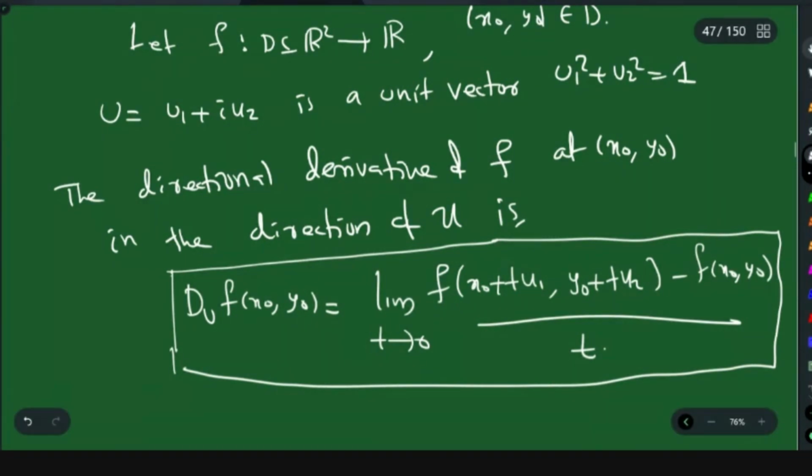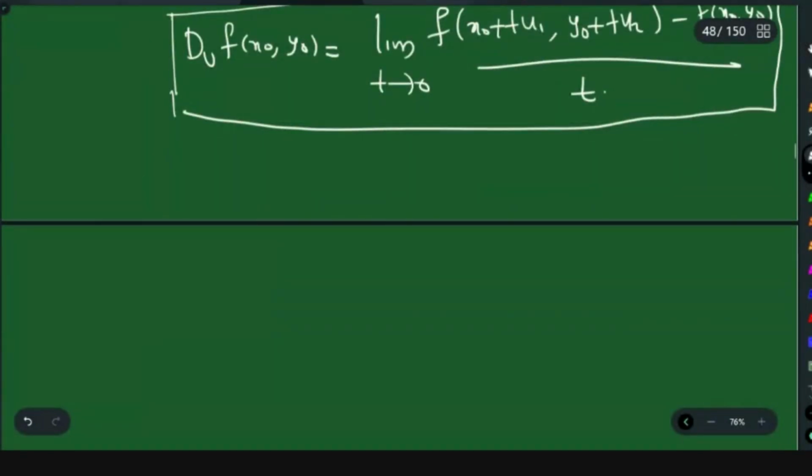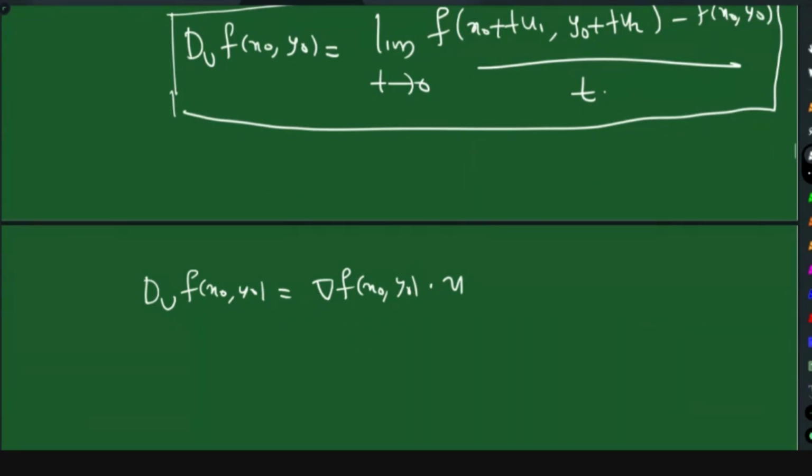You might have seen the directional derivative and the total derivative. You might have seen in your earlier classes that du f at x naught y naught is equal to del f at x naught y naught dot u. But this is not in fact true for all functions.